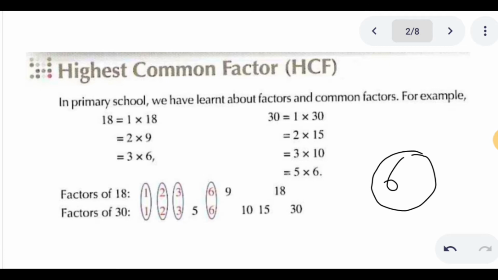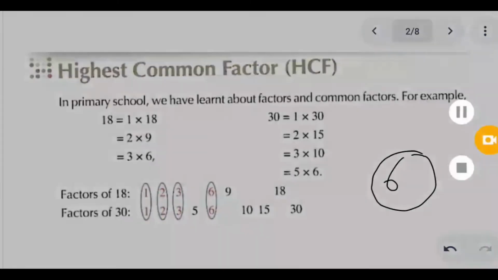If we encounter larger numbers, listing the common factors and then finding the highest common one is quite laborious. So we have to learn some simpler method so we can deal with larger numbers in a very easy manner.